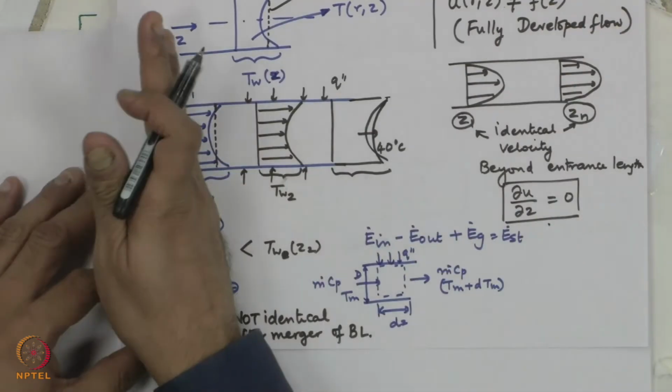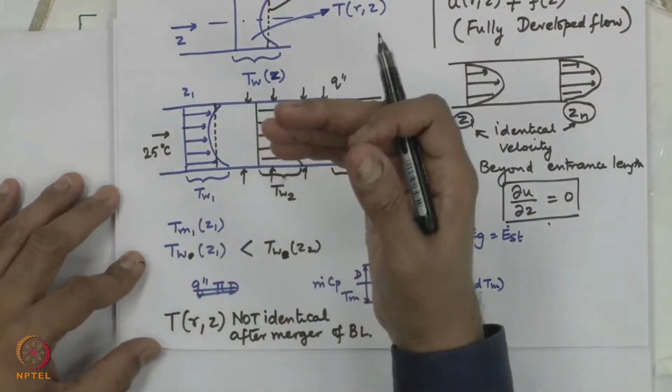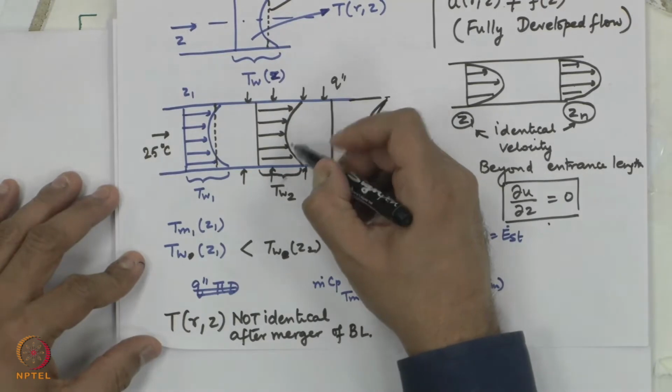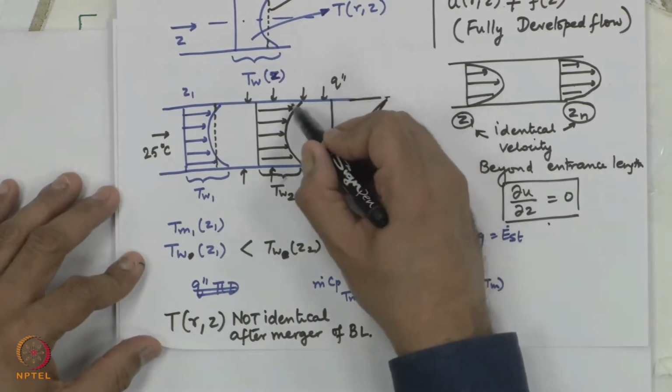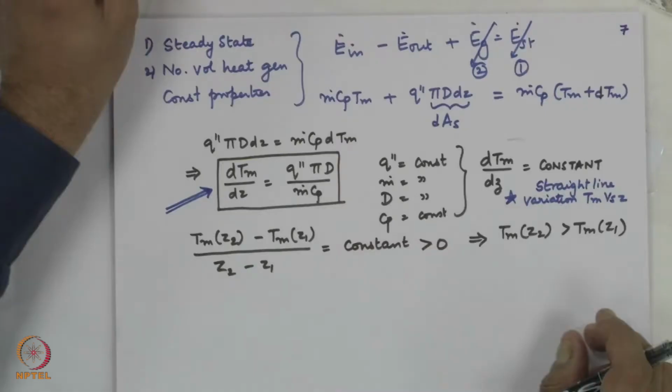No, in heat transfer, because I am dumping heat physically into the fluid, the temperature locally is changing, the bulk mean temperature also is changing. So the problem with heat transfer as opposed to hydrodynamics is that you have one major additional complexity, and that complexity is the fact that your temperatures are changing locally.